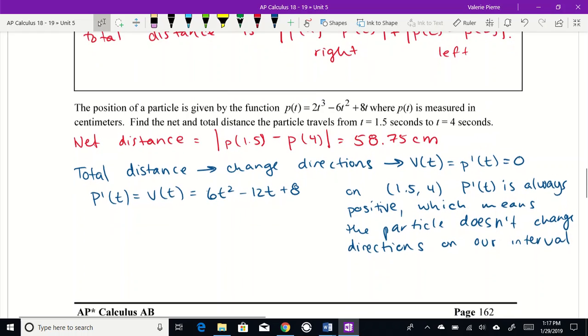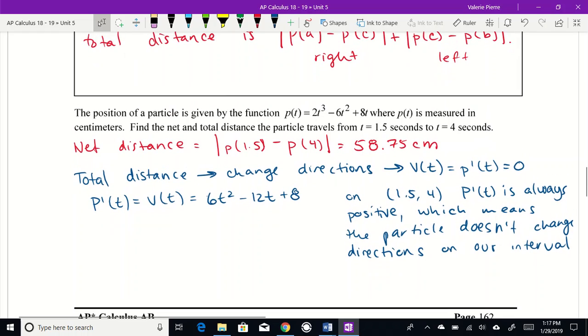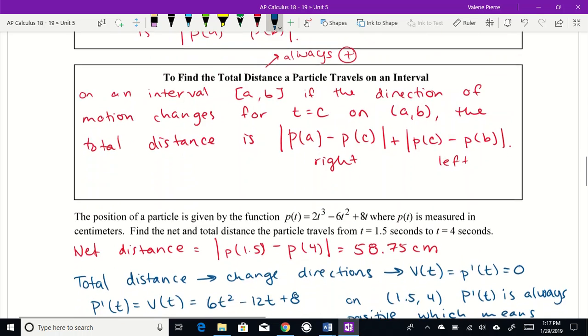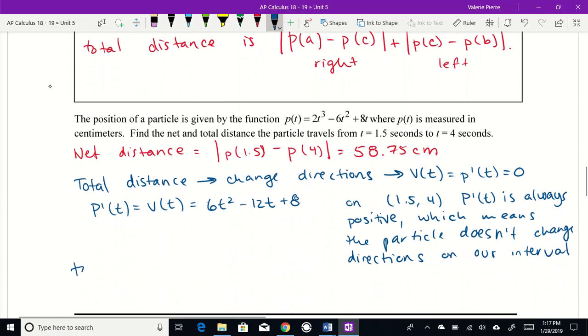So if the particle doesn't change directions on our interval, we go back to the beginning of this page, right? If we're never changing directions, then the net distance is equal to the total distance. So the total distance is equal to 58.75 centimeters.